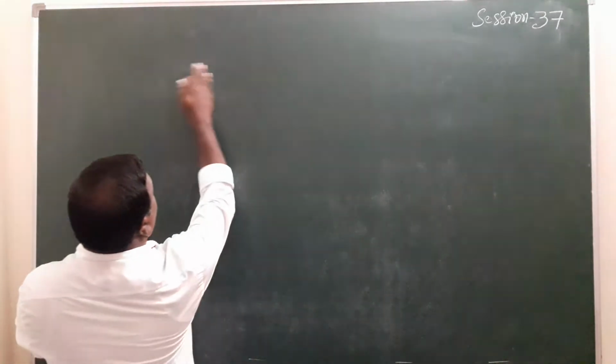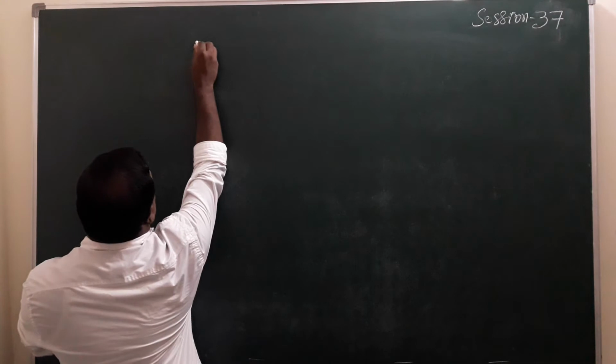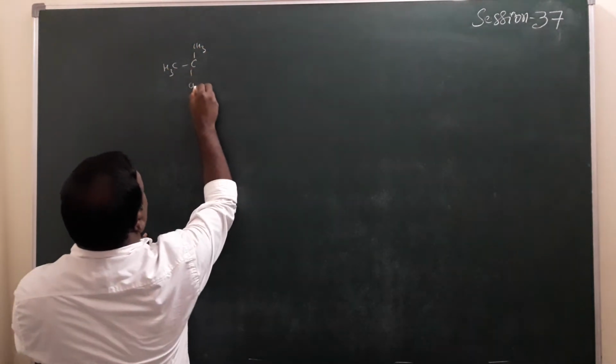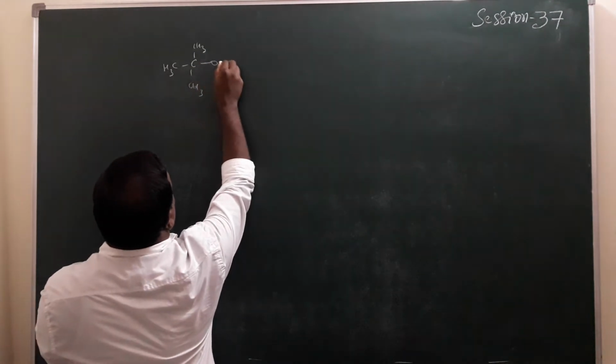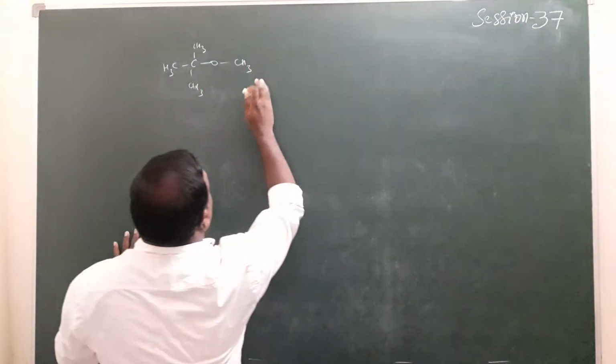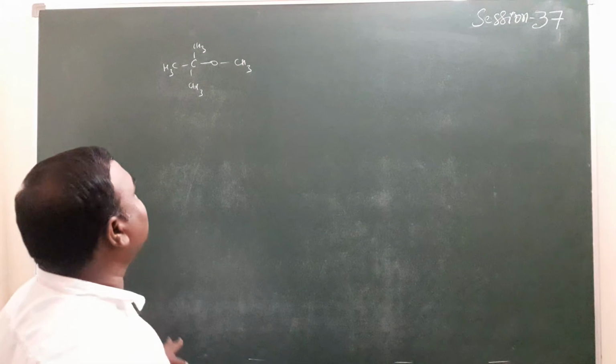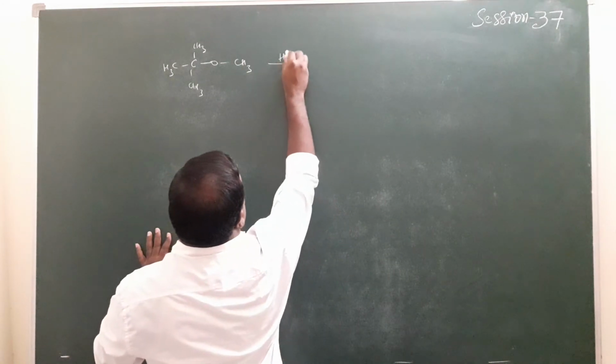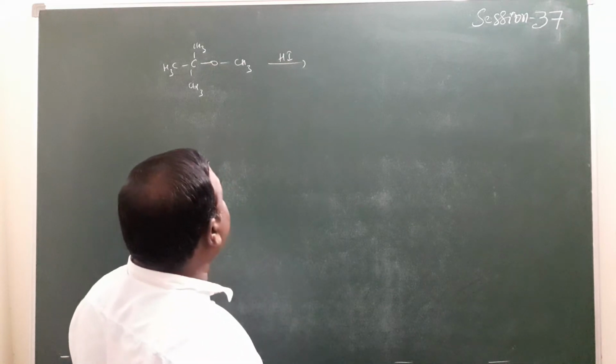For example, here tertiary butyl methyl ether is given, with HI.